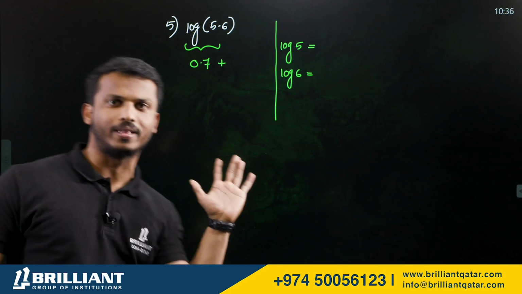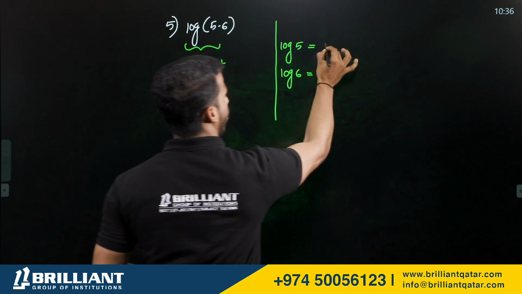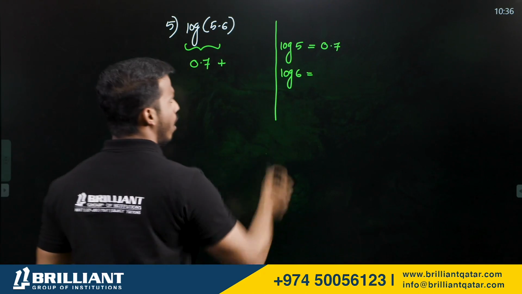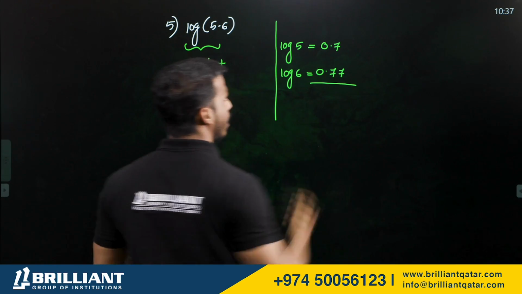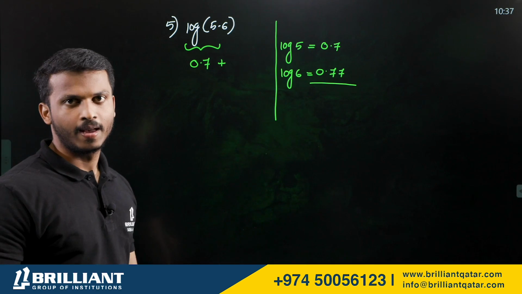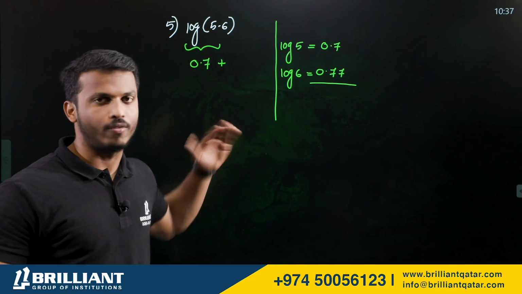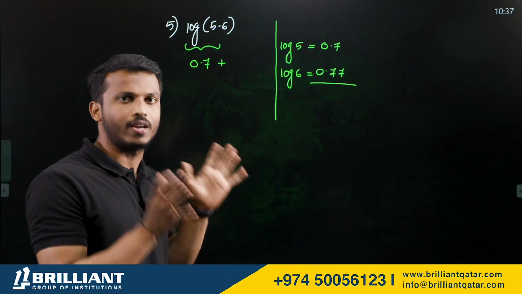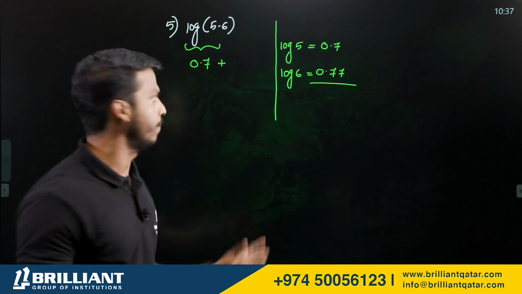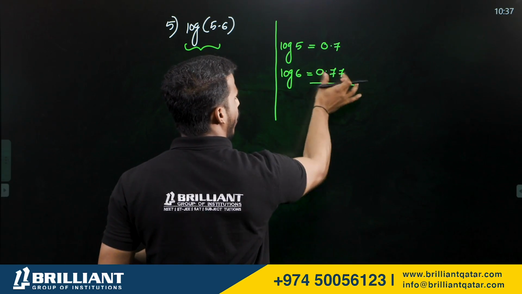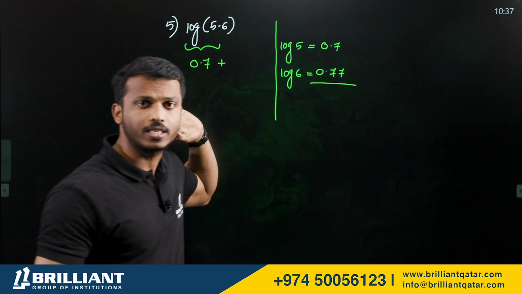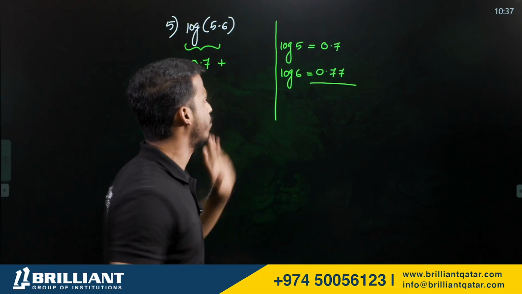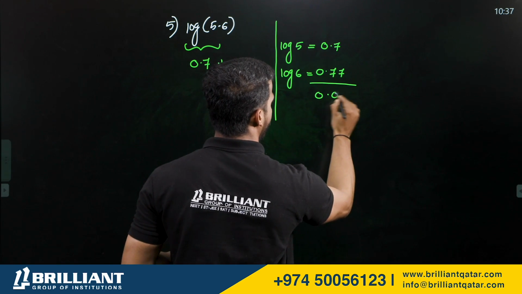Because we made it into whole numbers. What is log 5? 0.7. What is log 6? That is equal to 0.77. Dear student, please take their difference, higher value minus lower value. Its sign is not important here, we should always make it positive. The higher number is 0.77, from that subtract the lower number. So 0.77 minus 0.7 is equal to 0.07.